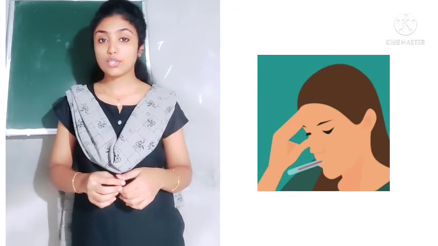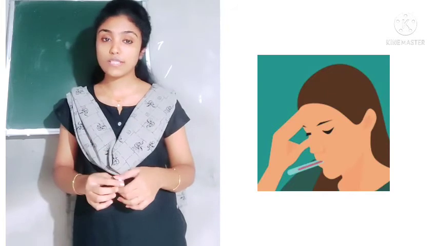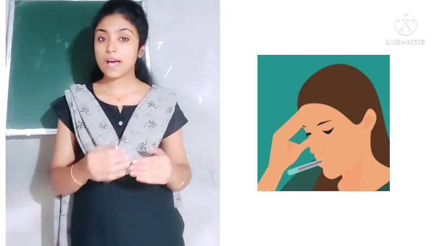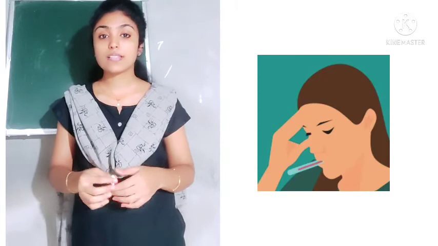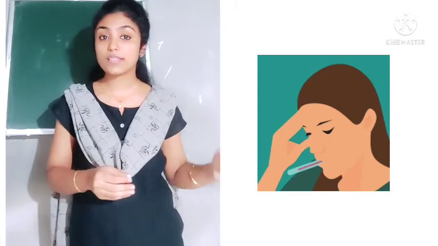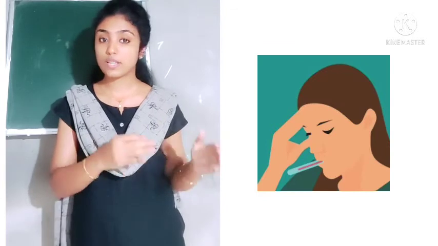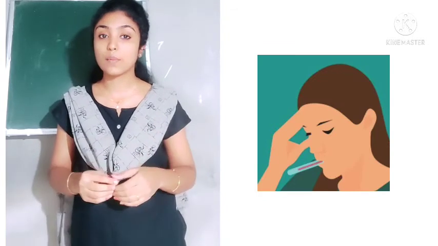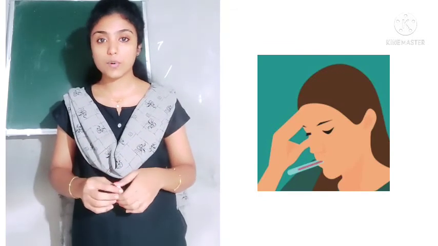Then the next defense mechanism in our body is fever. How? We know that when a wound occurs on our body, the pathogens try to enter through the wound site, and these pathogens produce some toxins, and these toxins stimulate the white blood cells. We already studied all these things while learning about the inflammatory response.